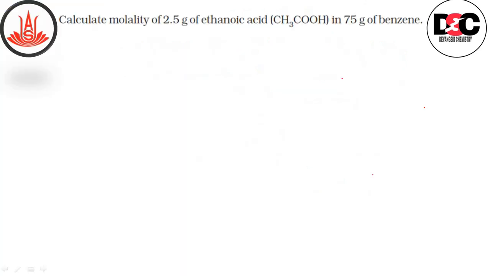Okay, now question: calculate the molality of 2.5 gram of ethanoic acid in 75 gram of benzene. So first we have to find the molar mass of C2H4O2, means ethanoic acid.